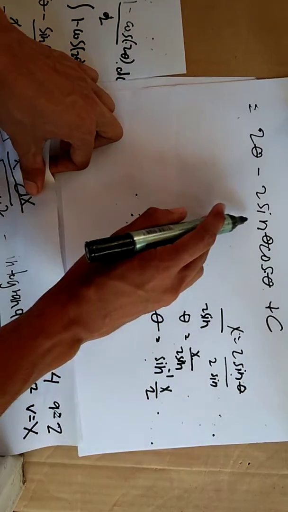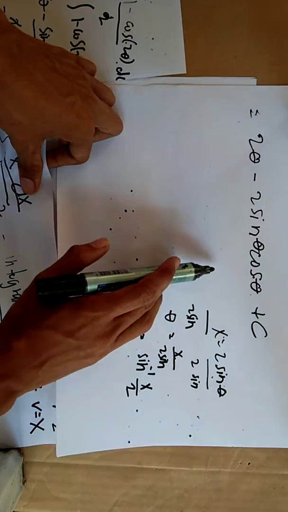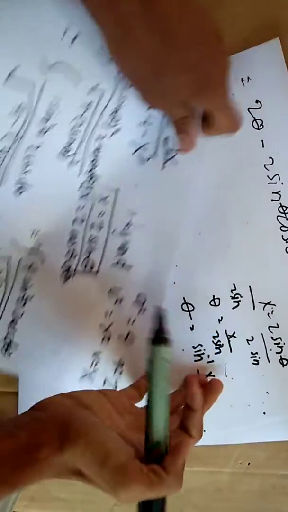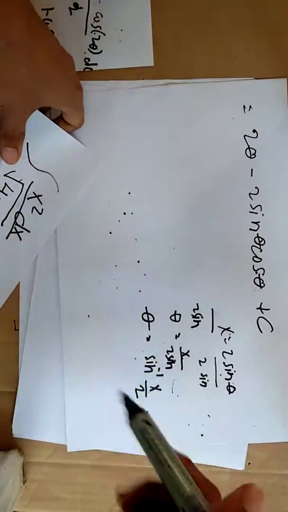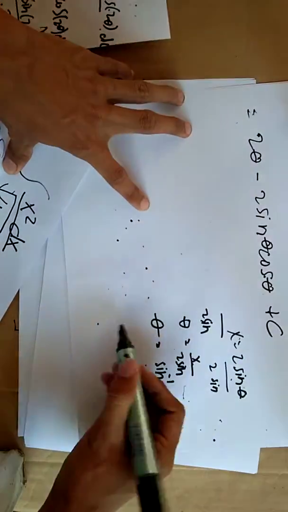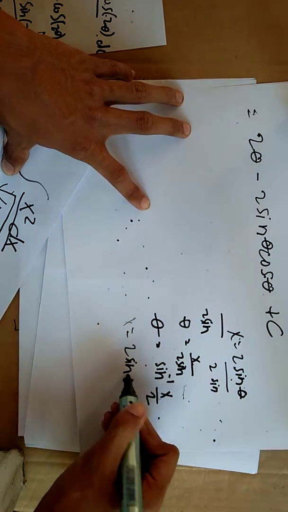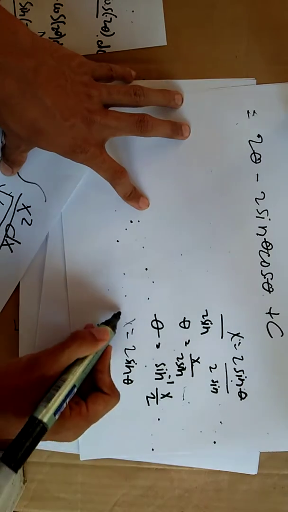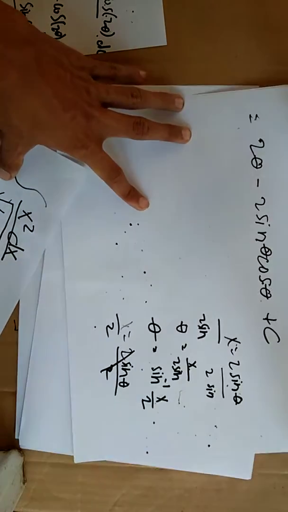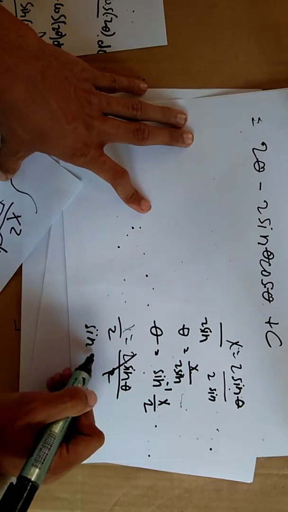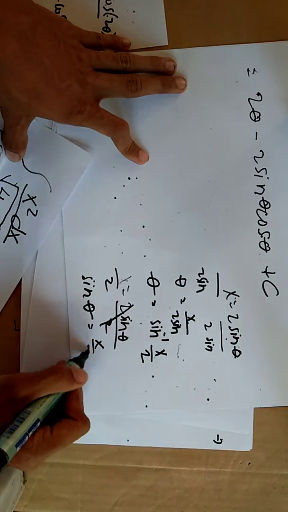Then we will find the sine theta using again this equation. x is equal to 2 sine theta. Let's just divide both sides by 2 to eliminate 2 here. So our sine theta will become x over 2.